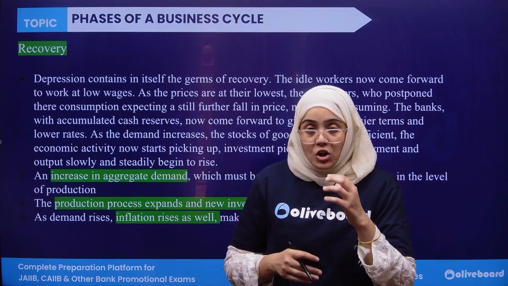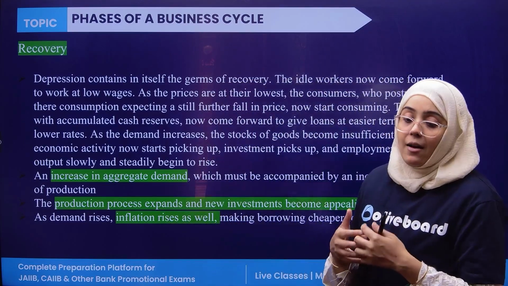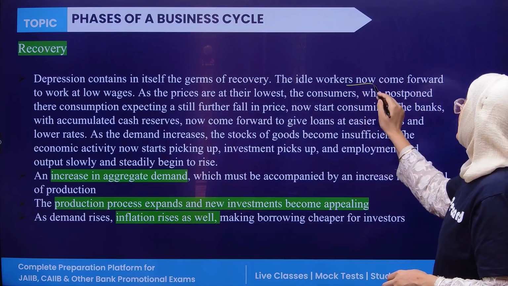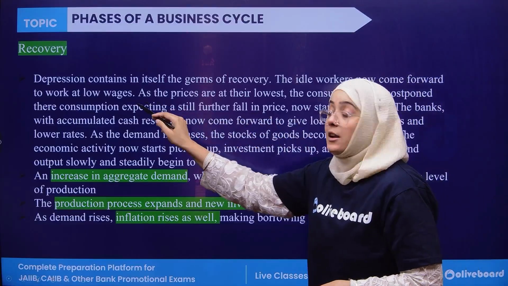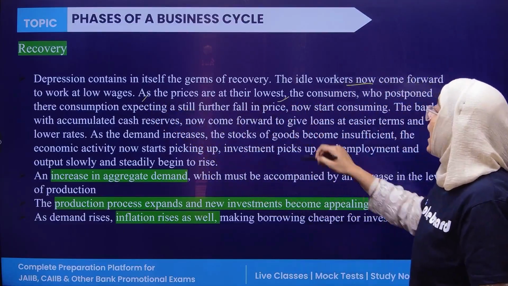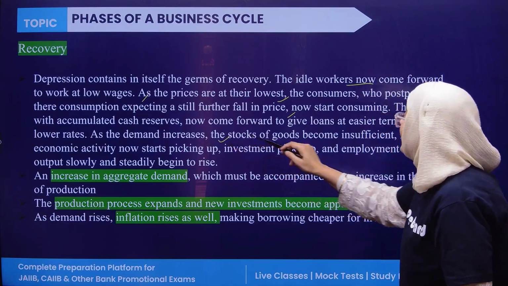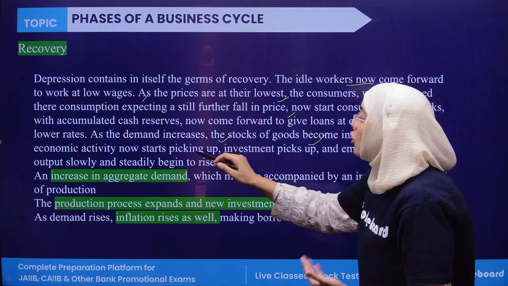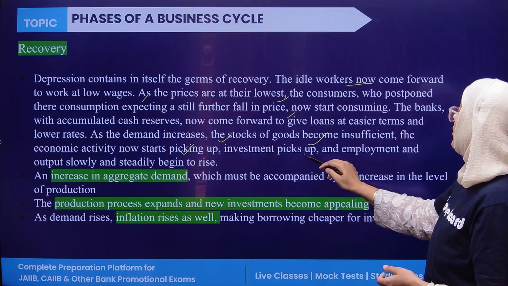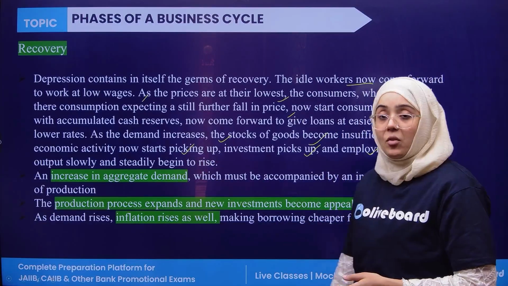So depression in itself contains the seeds of recovery. After the depression, workers come forward to work at lower wages. Prices are at the lowest, consumption starts. Now the demand increases, stock of food becomes insufficient, economic activities start picking up, investment picking up, employment starts rising.